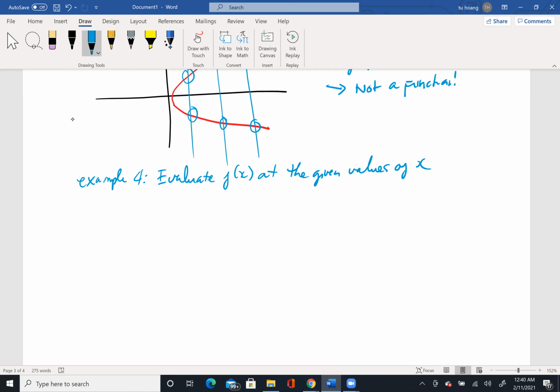Okay, so let's say I have f of x equal to 2x minus 1 and x equal to negative 1, comma 0. So what I do is I'm gonna have 2 cases in here, right? So solution.